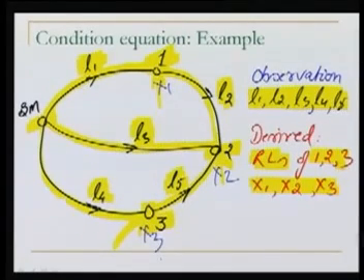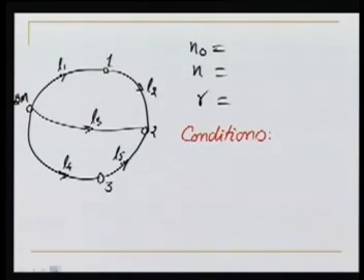This is the desired thing, while we have carried out L1, L2, L3, L4 and L5 observations. Now we will try to analyze this problem. Number one, what is the minimum number of observations required in order to find x1, x2 and x3?